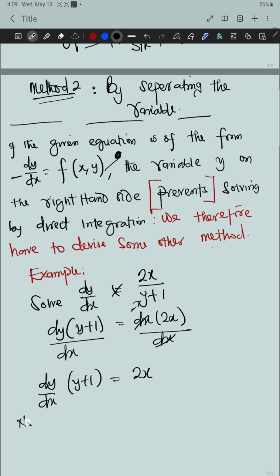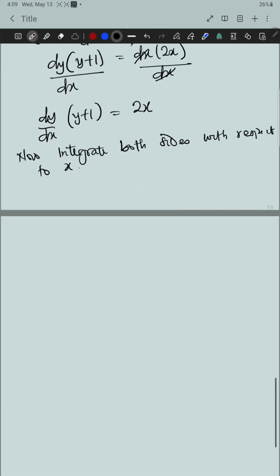Now let me write that quickly. Integrate both sides with respect to x. We integrate y plus 1 dy over dx with respect to x, equal to the integral of 2x dx.